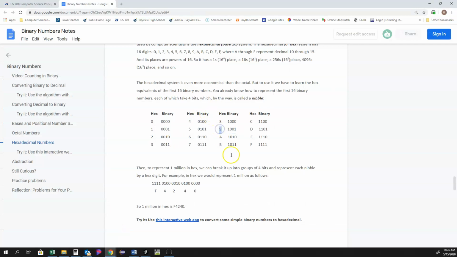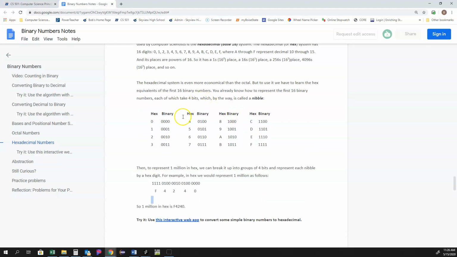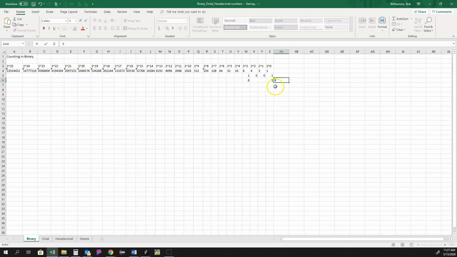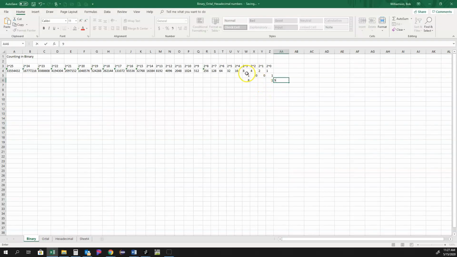So that's how we can convert that. What we would do simply is take your number, break it into chunks of 4, and then assign a hexadecimal value for that. So when we get to 1111, that is 15 in binary. Four ones in a row: 8 plus 4 is 12, 13, 14, 15.